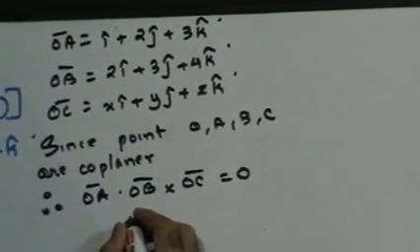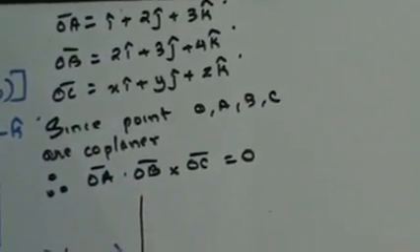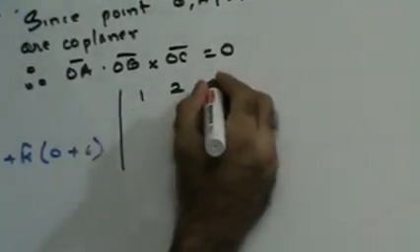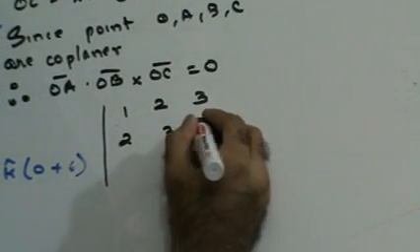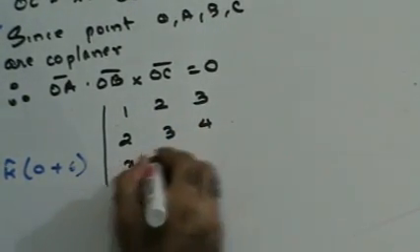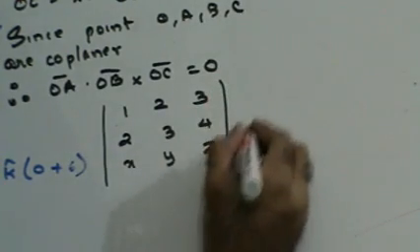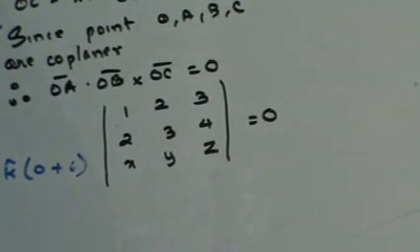Now, OA vector can be written as 1, 2, 3. OB can be written as 2, 3, 4. And x, y, z is going to be equal to 0. Now solve the determinant.